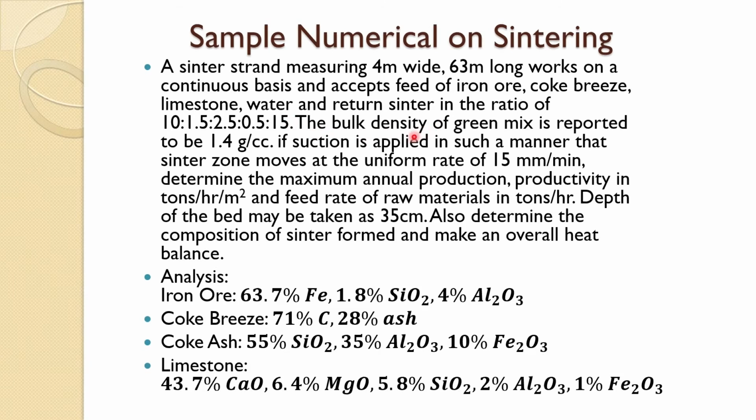So, the bulk density of the green mix is reported to be 1.4 gram per centimeter cube. So, if suction is applied in such a manner that the sinter zone moves at the uniform rate of 15 millimeter per minute, determine the maximum annual production, productivity in tons per hour per meter square, and feed rate of the raw material in tons per hour.